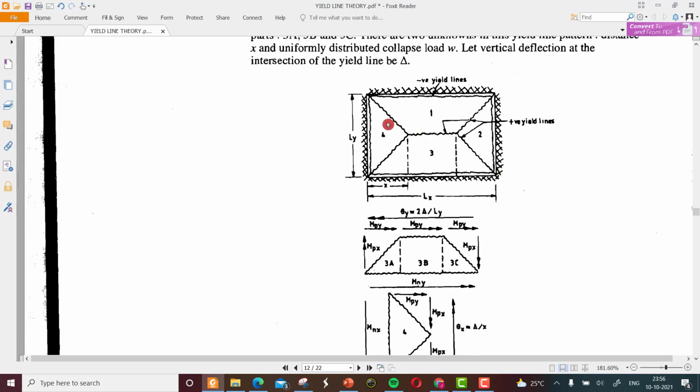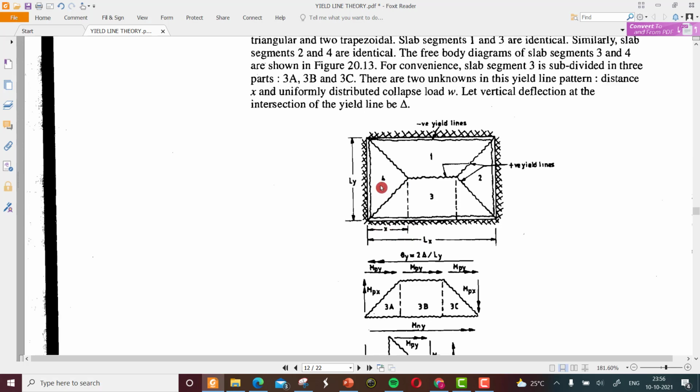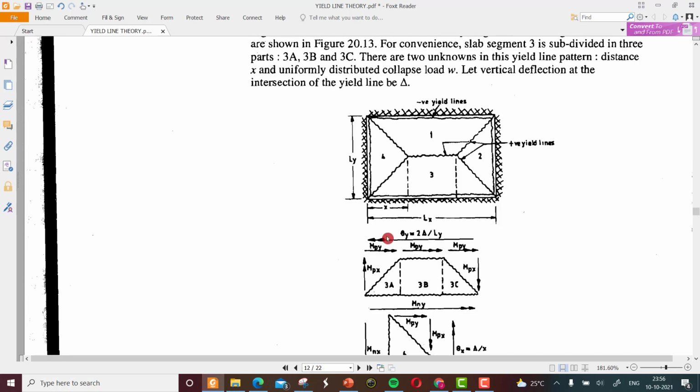The same thing, all edges fixed, and the E line divides the total slab into four segments: one, two, three, and 4. In this case, we do not know the x distance at which the fourth segment joins the total E line.